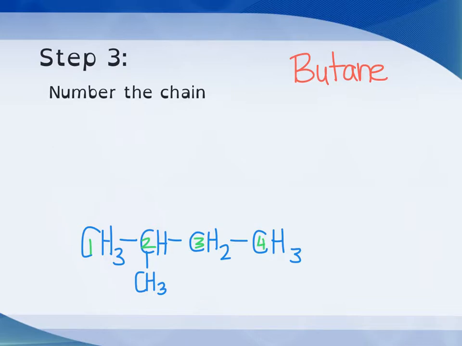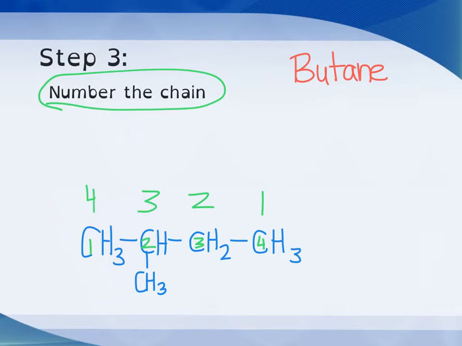But now we need to number the chain. While we decided earlier that you could number it left to right, 1, 2, 3, 4, there are also other ways of numbering it. You could also number it 1, 2, 3, 4 in the right to left version. Now, how do you pick? You want to have the lowest numbered branches.